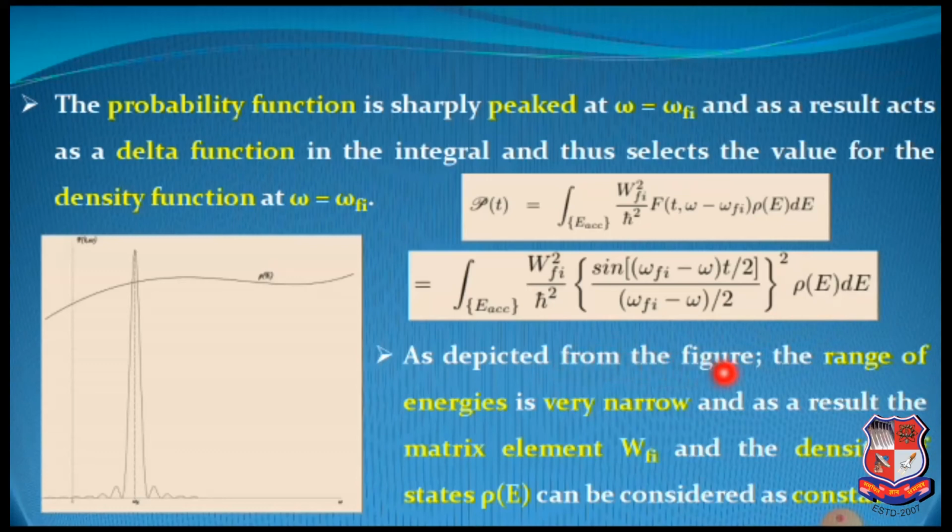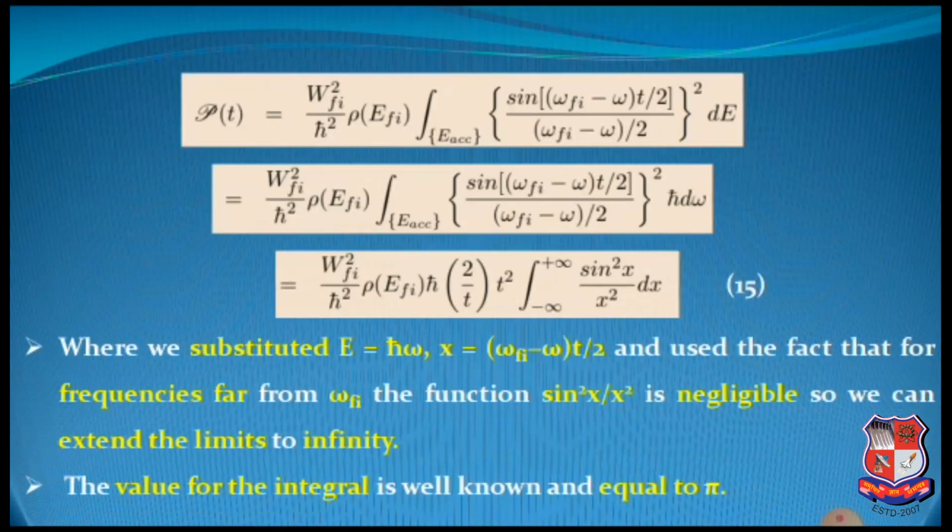As can be depicted from the figure, the range of energies is very narrow, and as a result the matrix element Wfi and the density of states can be considered constant. So this particular variation has now been analyzed as a constant.